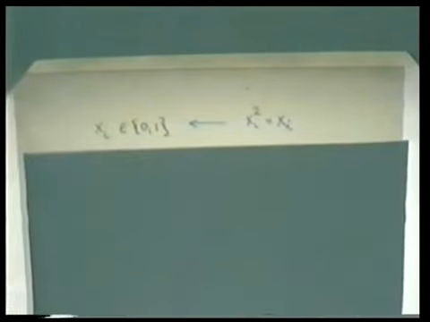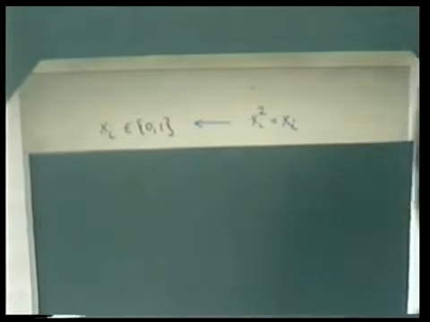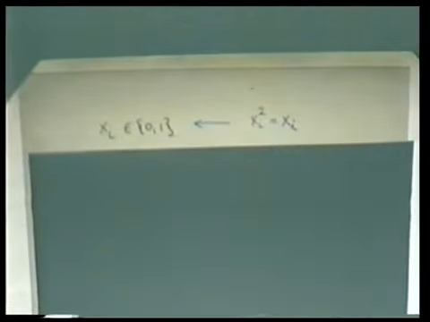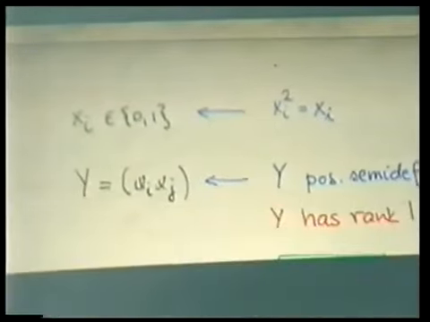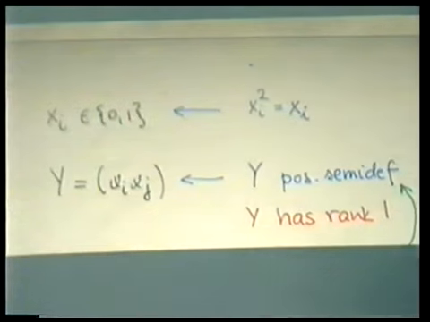So the idea is that instead of saying that xi is 0, 1, let's say that xi squared is equal to xi. Well, that is neat, but it doesn't help. It reduces this condition to some algebraic conditions, but it doesn't really do any good. The next idea is to linearize, which is, of course, very standard in algebraic geometry and so on.